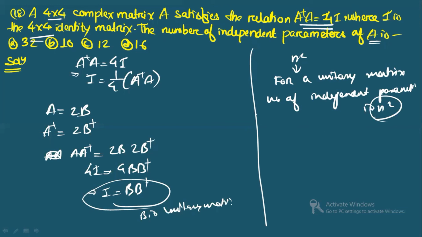So here, if you see, a 4 cross 4 matrix is there, right? Matrix B is also considered to be 4 cross 4. So the number of independent parameters is what? 4 square, 16. So if for B the number of independent parameters is 16, for A also it will be 16. So the correct option is option D here.